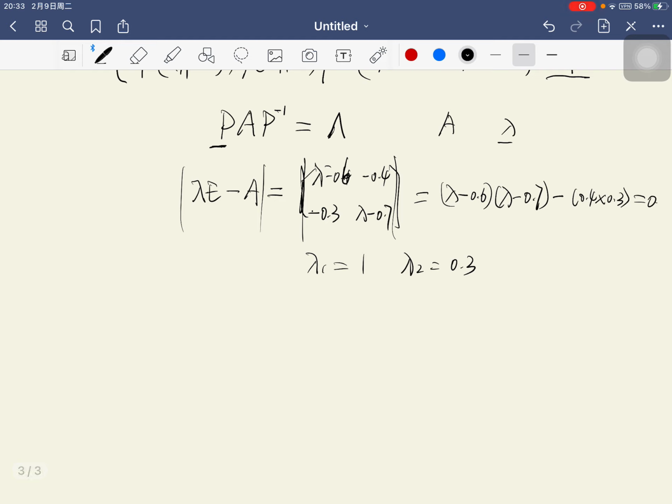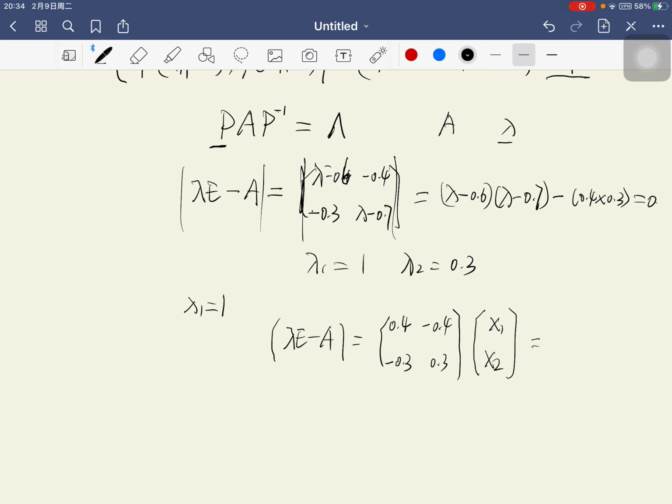So we could compute P by computing the eigenvectors. The eigenvector when lambda 1 equals 1: lambda E minus A is the matrix 0.6, minus 0.6, minus 0.3, 0.3, and we multiply it by x1 x2 to get 0, so the eigenvector is 1 1.